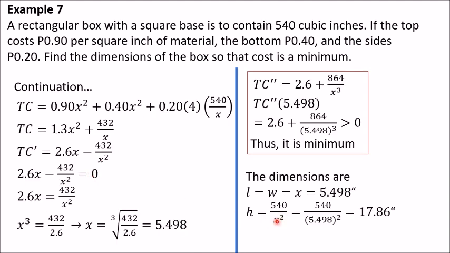Kasi alam na natin yung x na 5.498, substitute natin dito. So, 540 divided by 5.498 squared. Okay, calculator nyo lang din. That's equal to approximately 17.86 inches, our height. Yan yung ating dimensions, yung measures ng mga dimensions natin na length, width, and height. Okay, so this is the final answer.